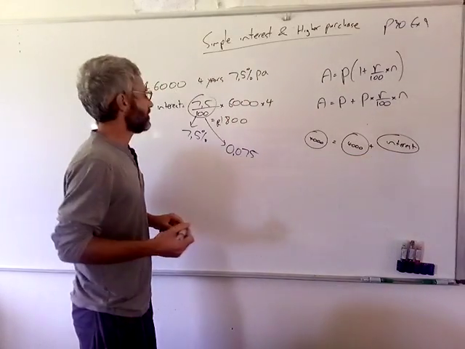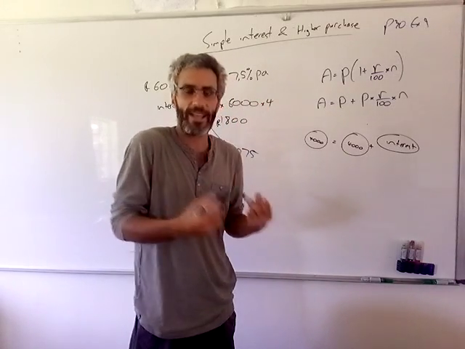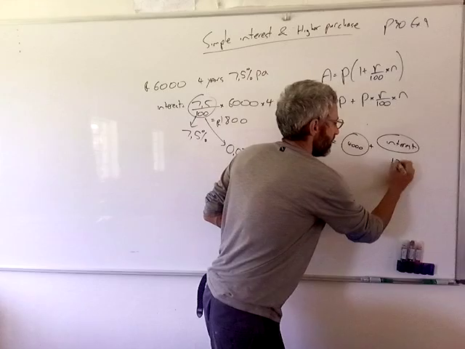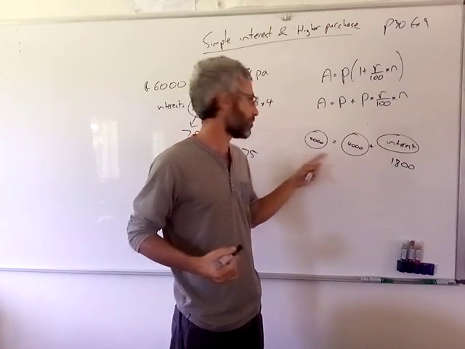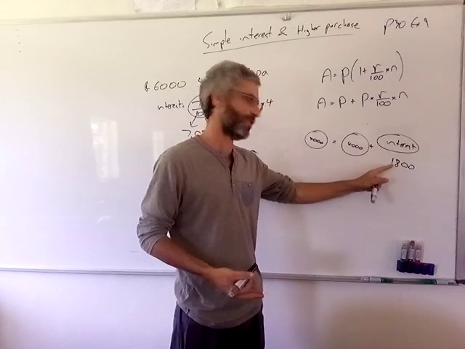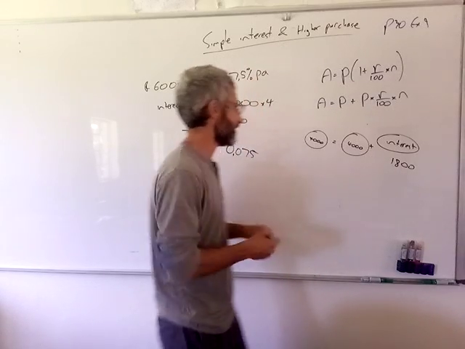But then I can ask how much money this person will get at the end. He's not just going to get the 1,800. That would be terrible if he just got 1,800 because we put 4,000 to begin with. How much money will we get at the end?